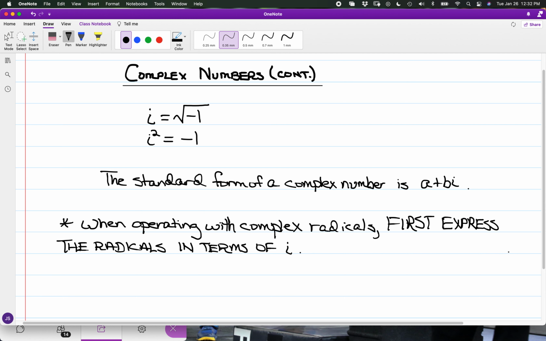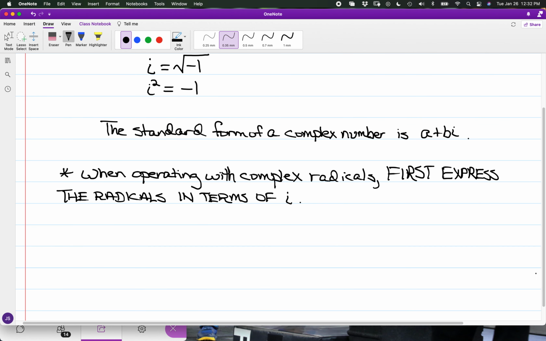I'll give you some instances here. If you're working with radicals and you have the operation of addition, with terms that, once you convert in terms of i, you'll be able to combine.